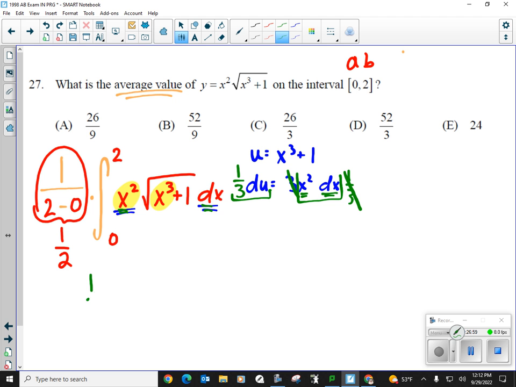Let's start to make this happen. I have my 1/2 here. I'm going to integrate this, and in for x squared dx is going to be 1/3 du. I'm going to put my du here, and my 1/3 is a constant, so I'm just going to put that on the outside. In for this right here is u.